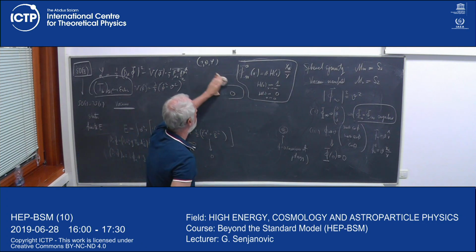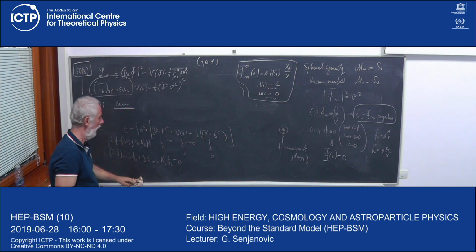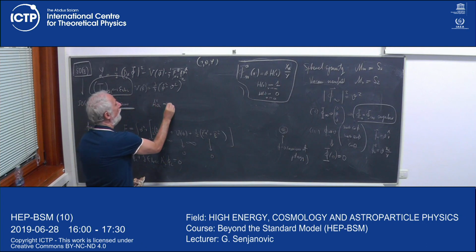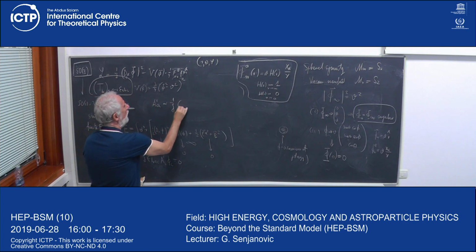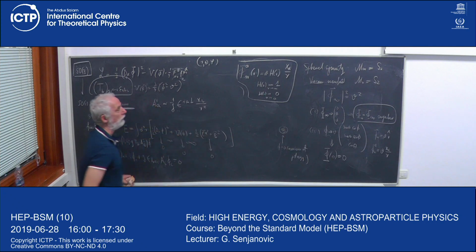This was very useful. We'll come to the technical points. I see immediately that A will go as 1 over g, epsilon_iab x^b over r squared. It goes as 1 over r.